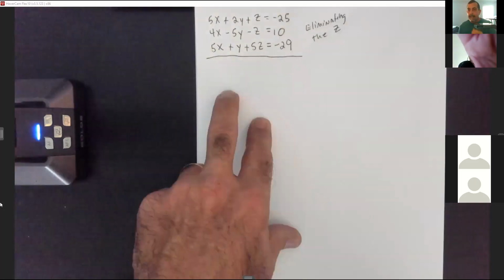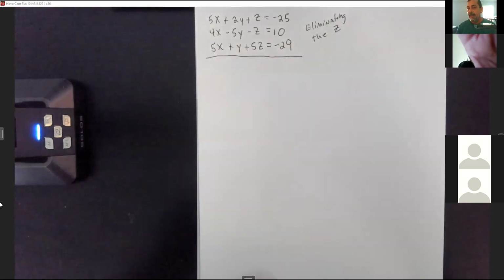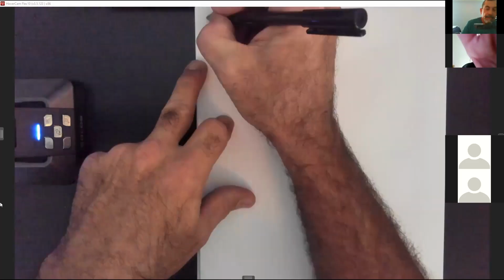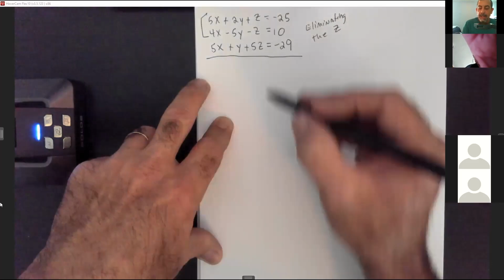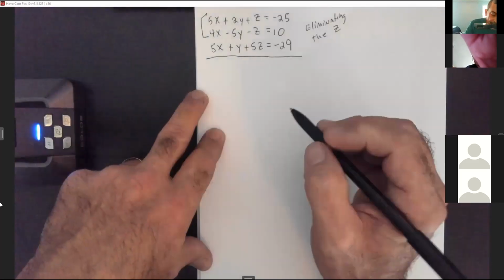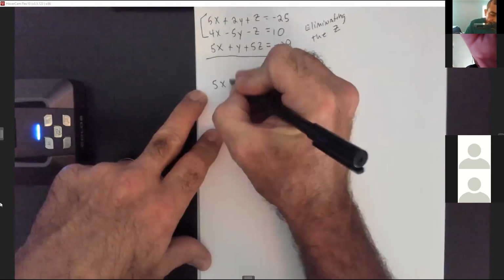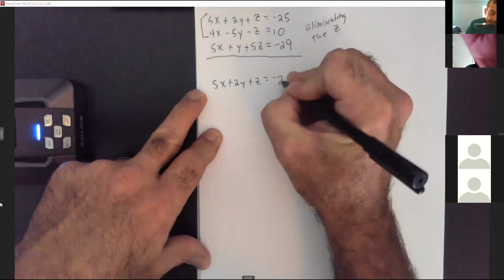Now remember, it's going to take you 2 times to get rid of the z. The first time what I'm going to do is I'm going to add the first 2 rows together, and that positive z and negative z will eliminate the z doing it that way. So I'm just writing those first 2 equations.